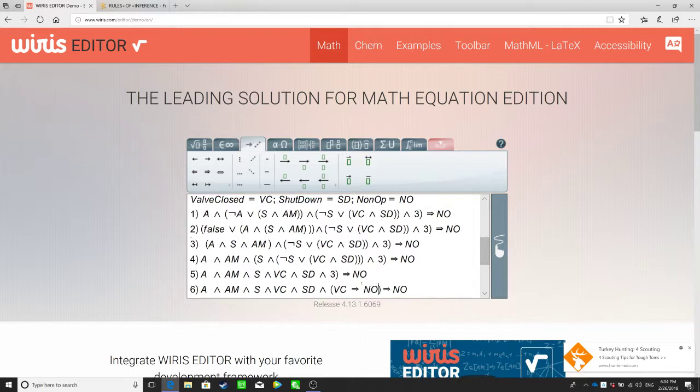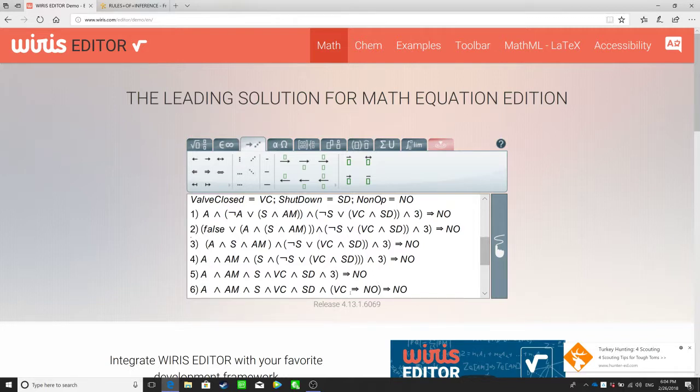It's all here. So okay, we have VC implies non-op. Then we saw implies there. We kind of want to use a rule to get rid of the implication, right?